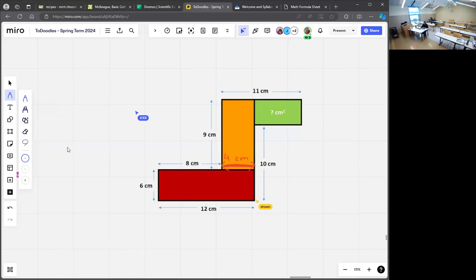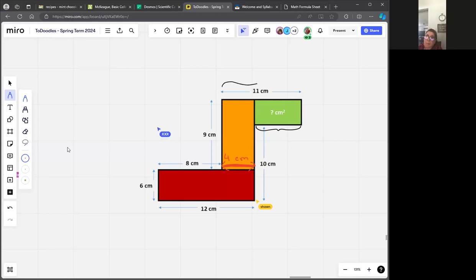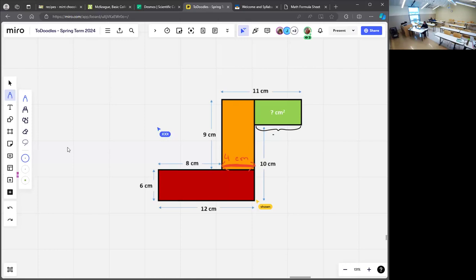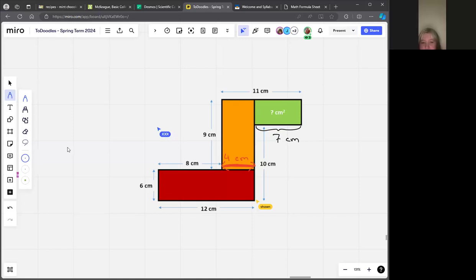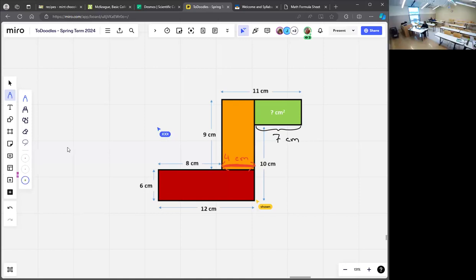So now I can do this one. I want the bottom of my green. So this is 11 minus 4, so this has to be 7 centimeters. Everyone with me? Okay, now I'll look up and down.